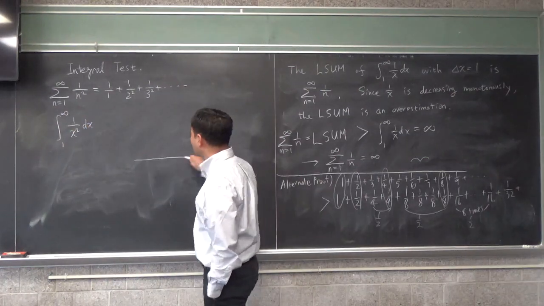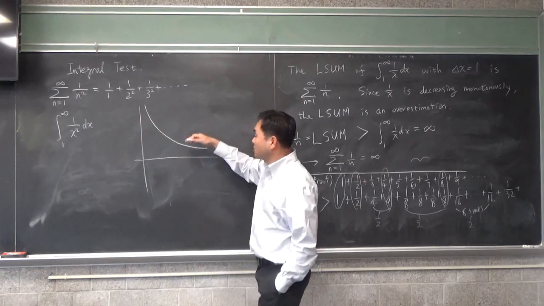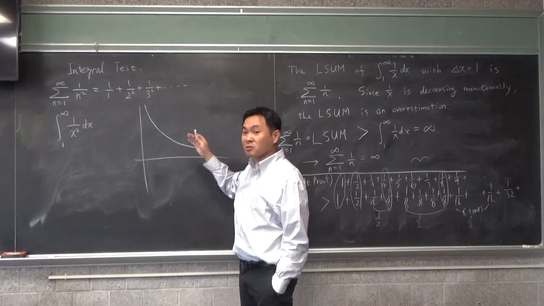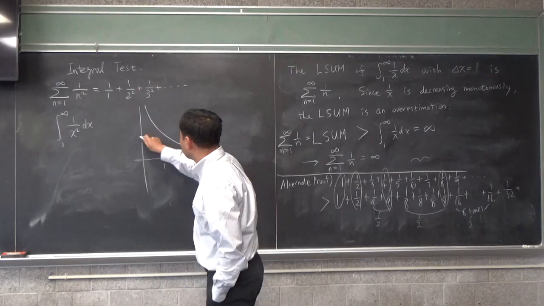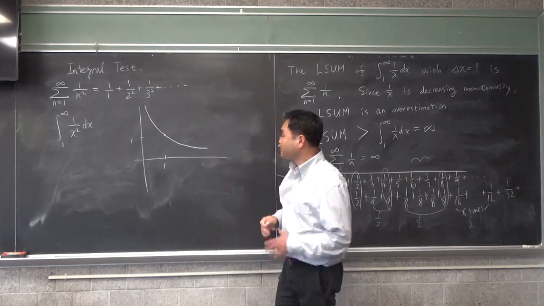This time the picture looks similar to the previous one, except that 1/x squared is closer to the x-axis than 1 over x as it passes through 1, right? But it's hard to draw that, so overall the picture is like that.